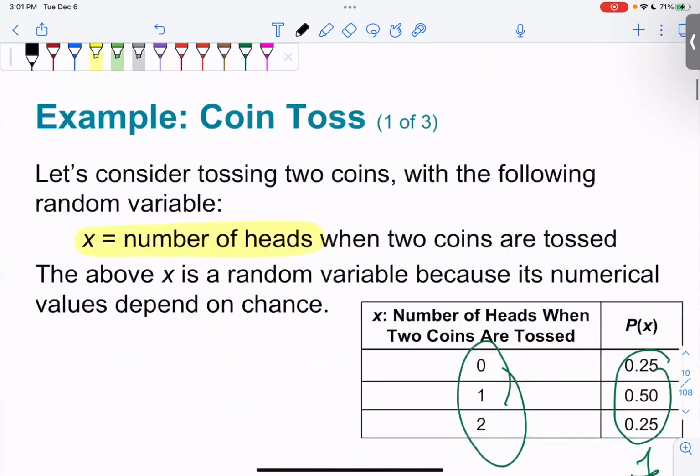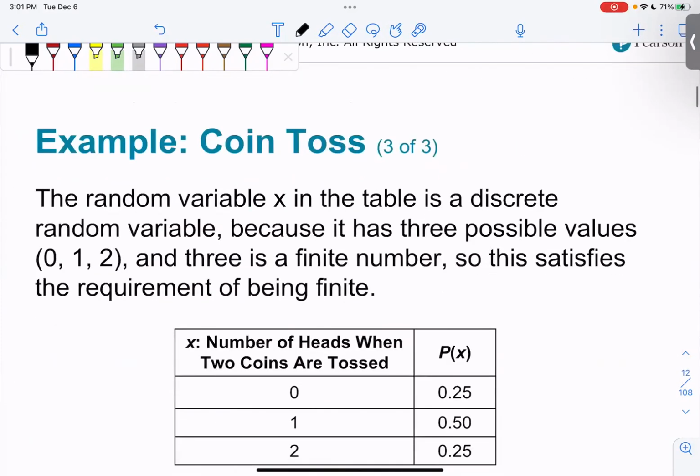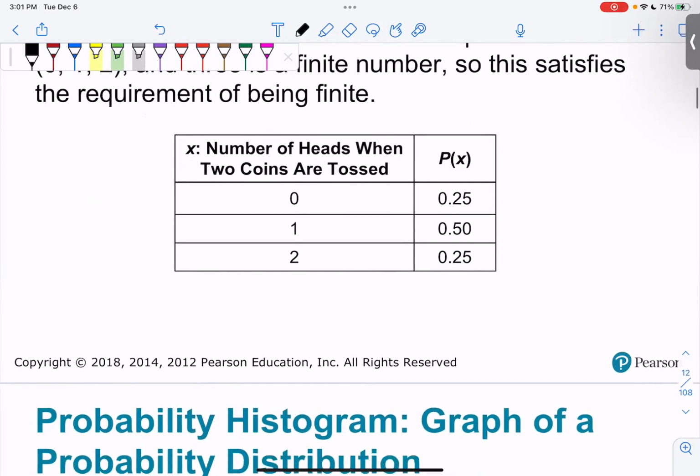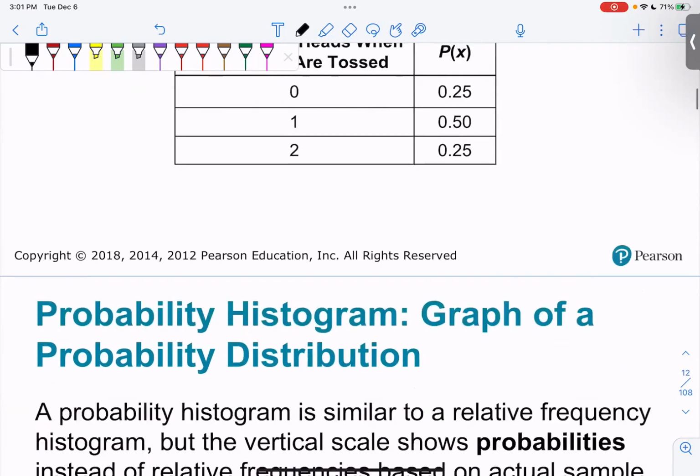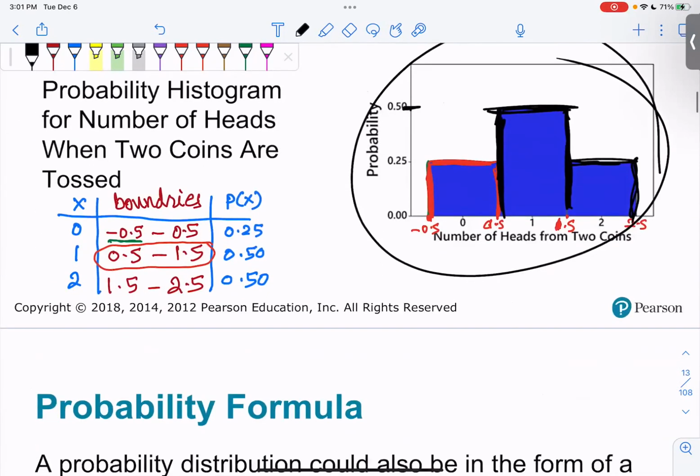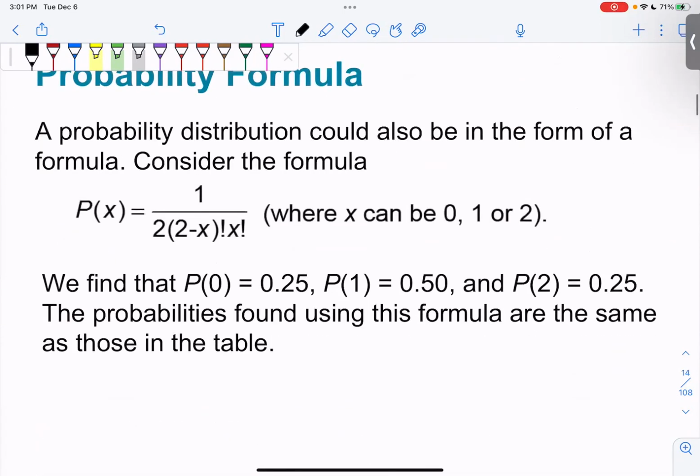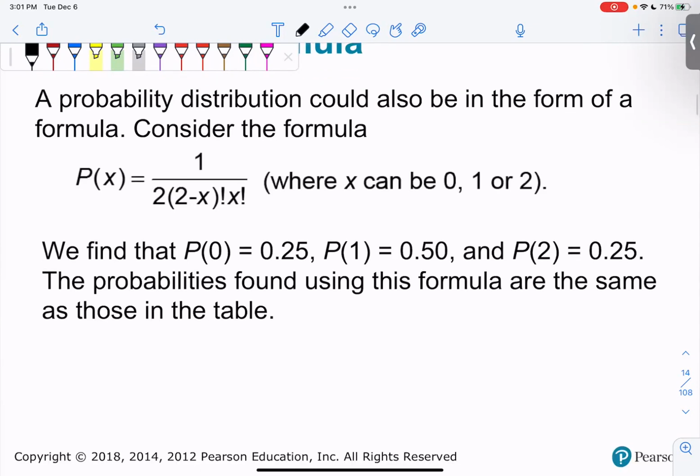Okay, so now we did introduce the probability distribution using a table and using a graph. And then the third one is the formula. So let's look at this formula here.